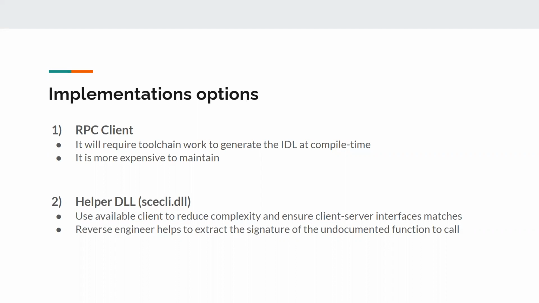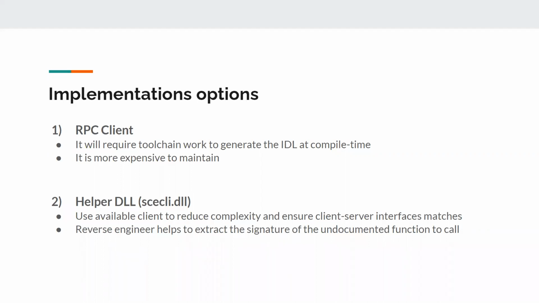This was a much simpler approach. It reduced the implementation complexity, and also the risk of running with a protocol implementation that doesn't fully match the current and future changes to this protocol.